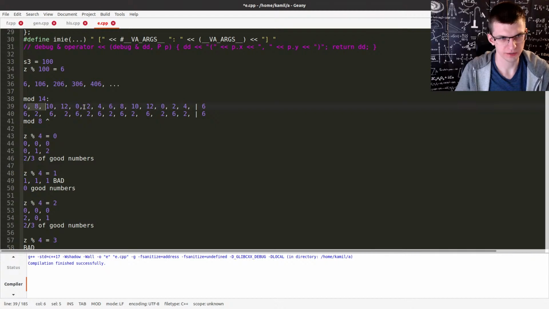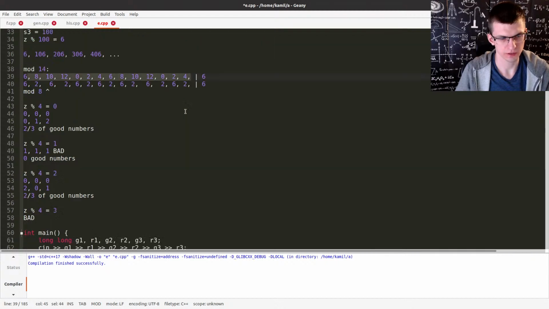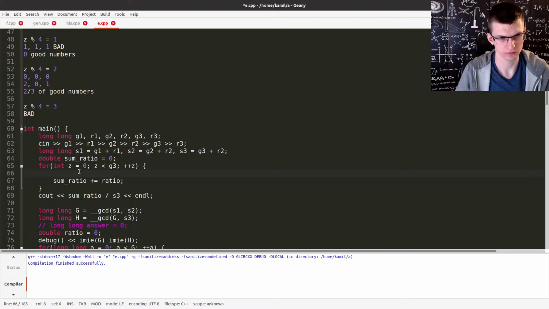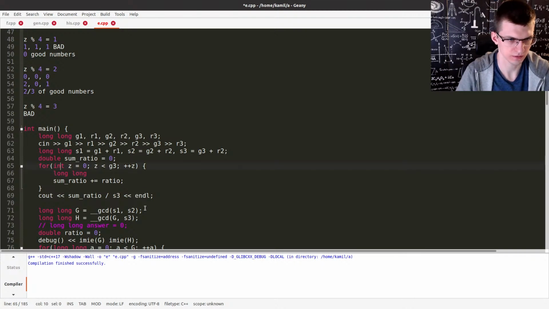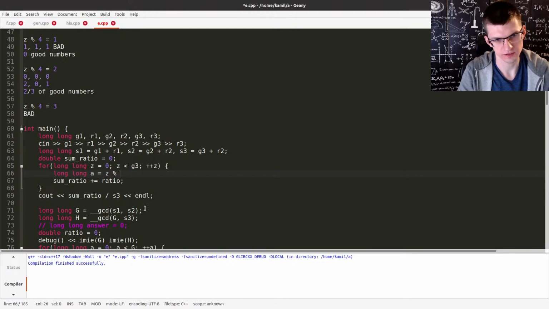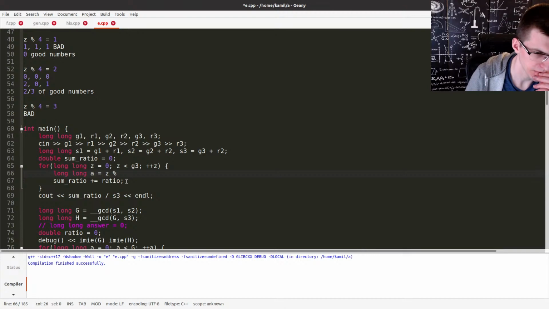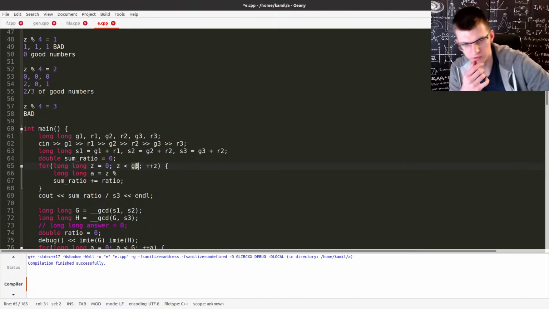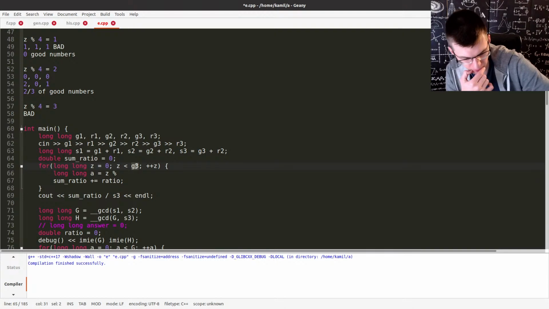How many numbers among those are good? We start with, that's long. A is Z modulo, am I sure it's Z? Maybe green 3 is smaller than green 1. Maybe this should be the minimum of 3 values. I mean, S3 should be the minimum.